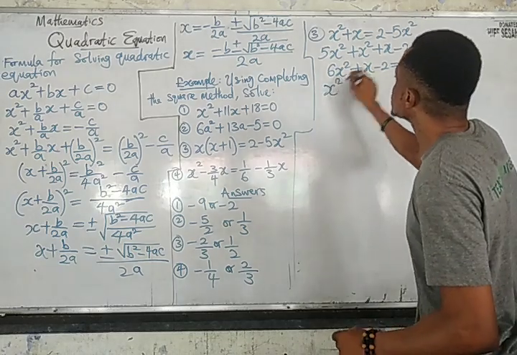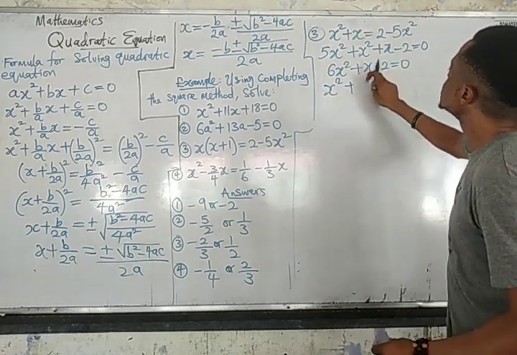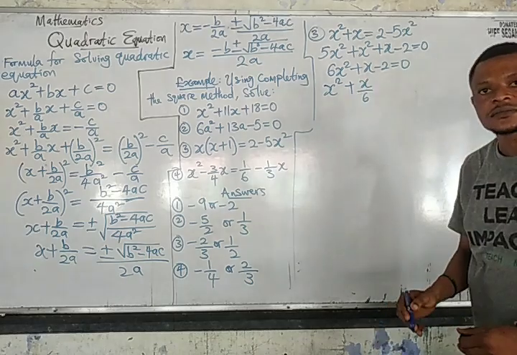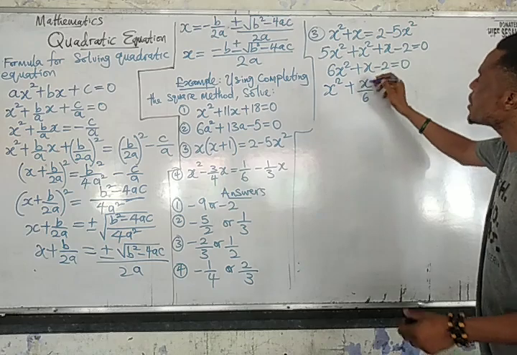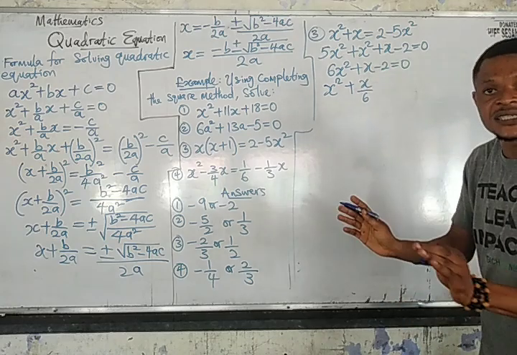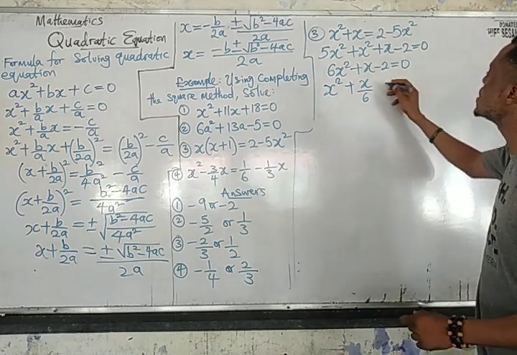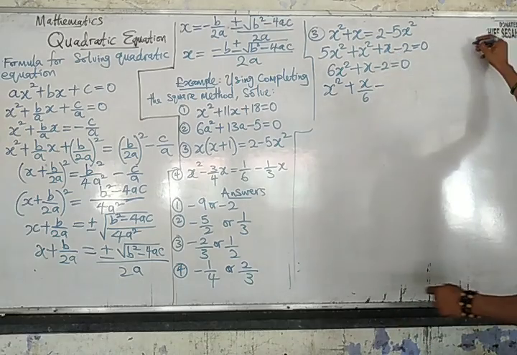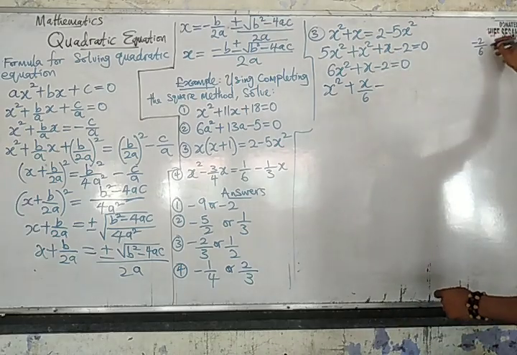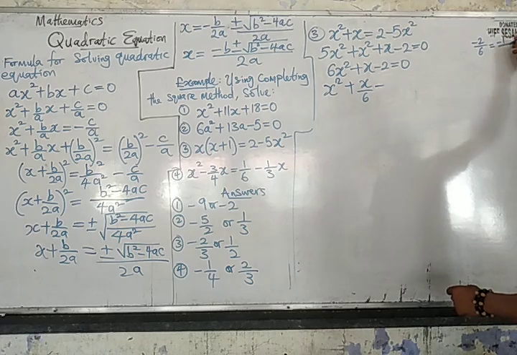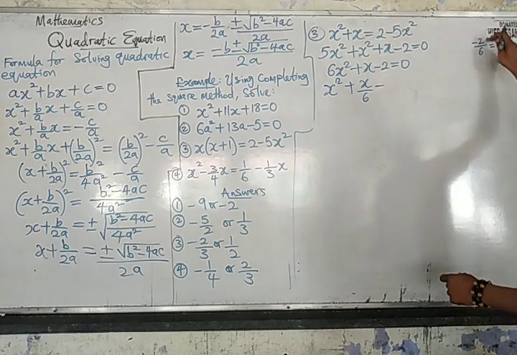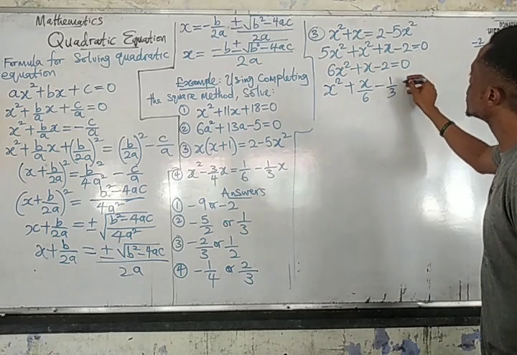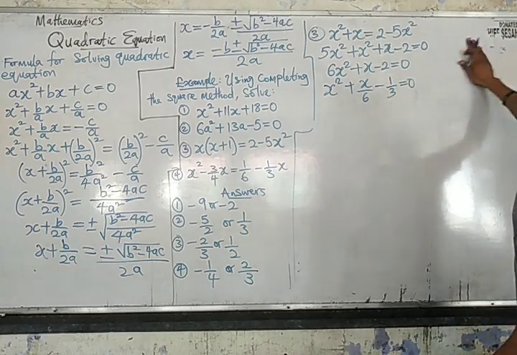We have x squared plus this place is going to be x all over 6, or we can say 1 all over 6x. It's still the same thing. Then finally for this place, we have minus 2 all over 6. Of course, minus 2 all over 6 will result to minus 1 all over 3, because 2 goes here 1, 2 goes here 3. So I'm writing minus 1 all over 3, all to give us 0. Let me clear this.